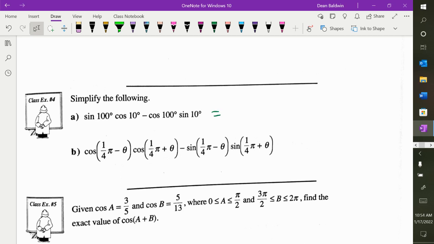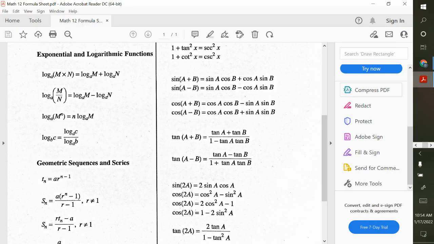So what does this equal? If it goes sine cos minus cos sine, if you look at your sheet, it's going to be this identity here, because it was sine cos minus cos sine, and the angles are being subtracted.